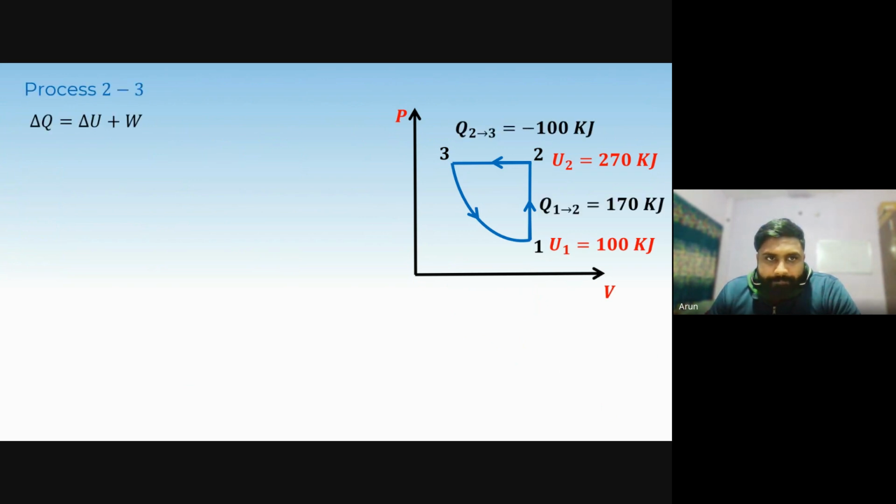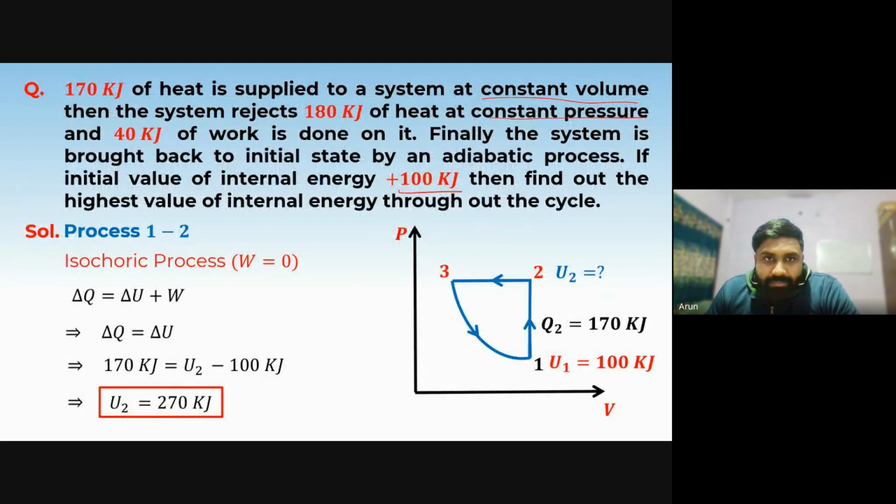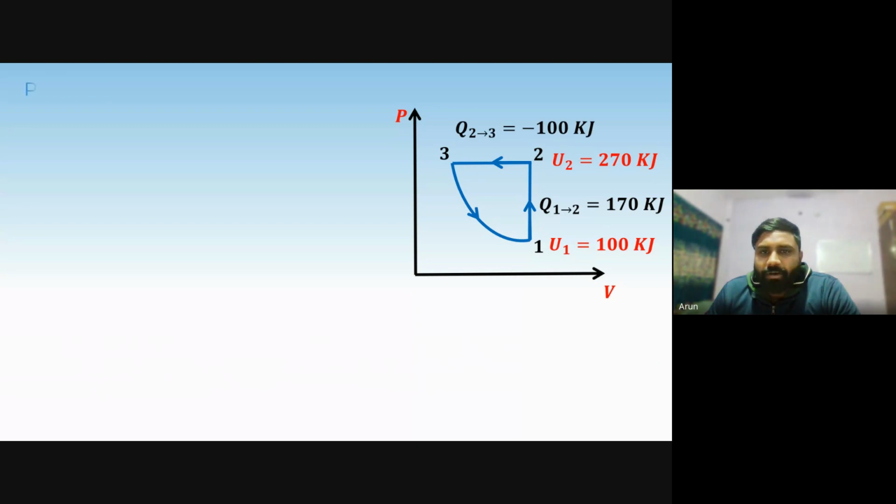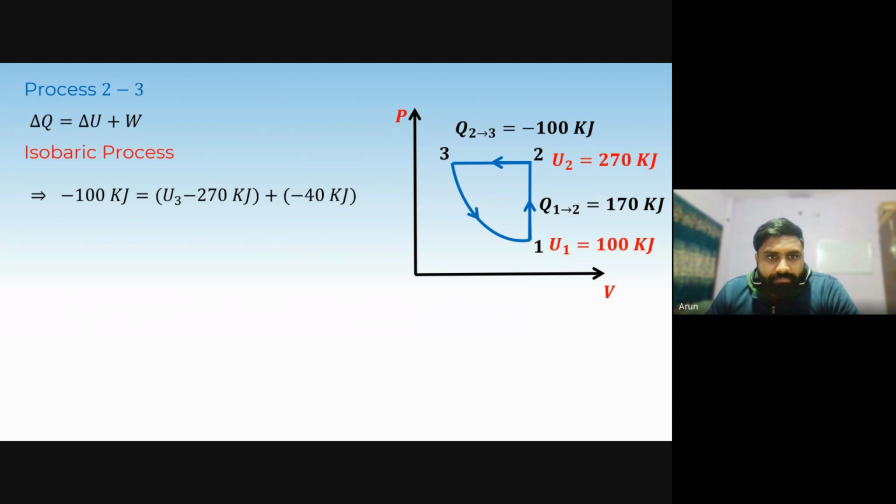Now for process 2 to 3, the system rejects 180 kilojoule of heat, which is taken to be negative. So minus 180 equals U3, internal energy of this point, minus U2, the internal energy of this point, plus minus 40 kilojoule of work, since work is also done on the system.